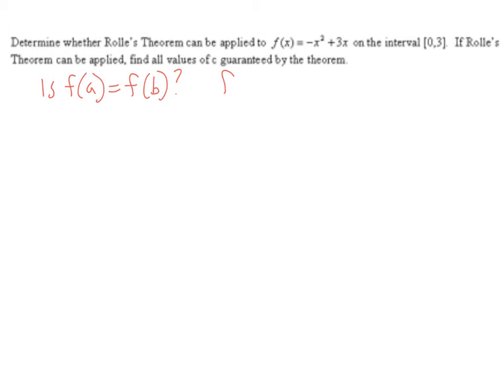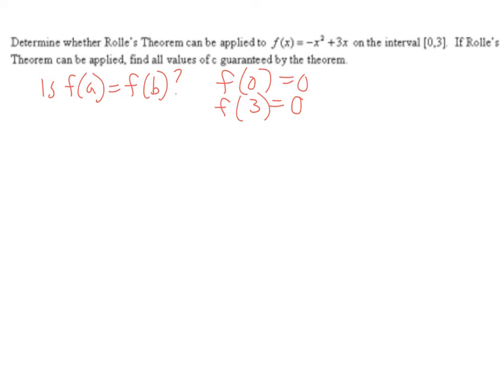So I do f of 0, and that's going to be 0. f of 3 is going to be negative 9 plus 9, which is 0. So check, that part is true.